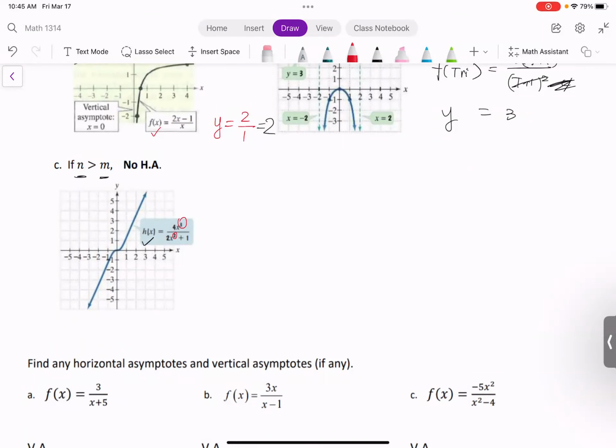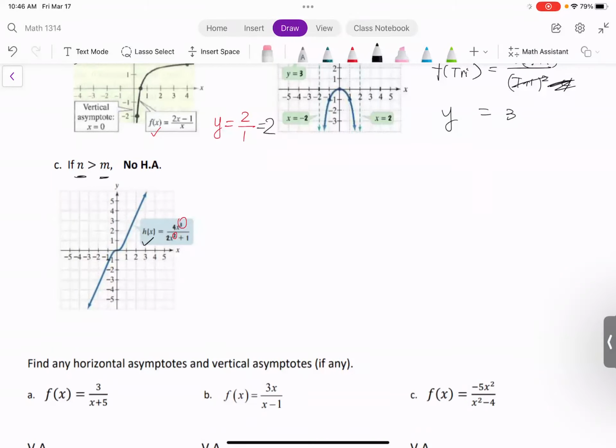If I graph the function h of x, it goes all the way up and all the way down. There's no cap, no bound. So the graph does not approach a horizontal line. It's all the way going up. There's no cap, so there's no horizontal asymptote.